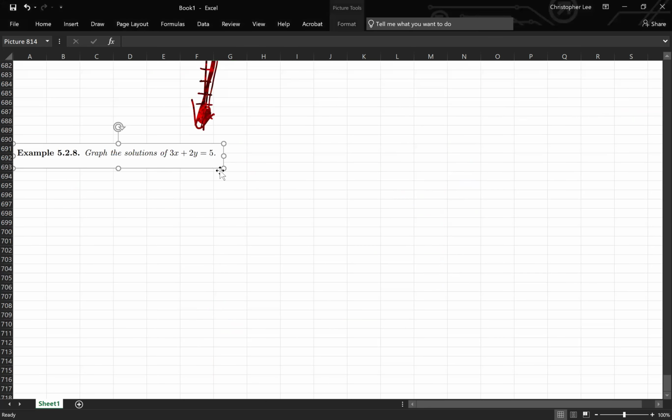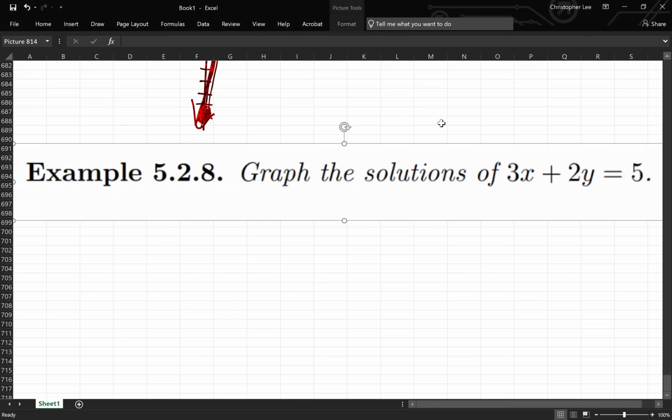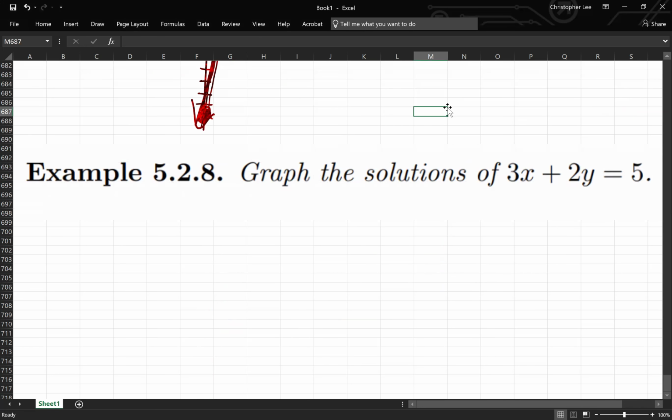Here, try this. Same thing, graph the solutions.